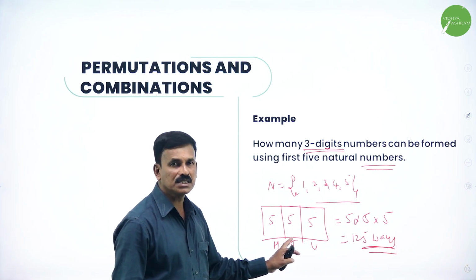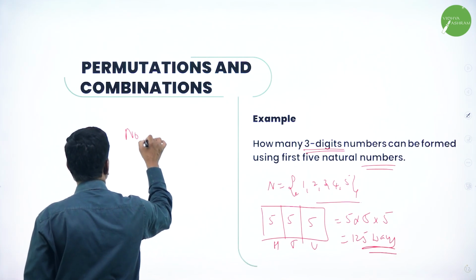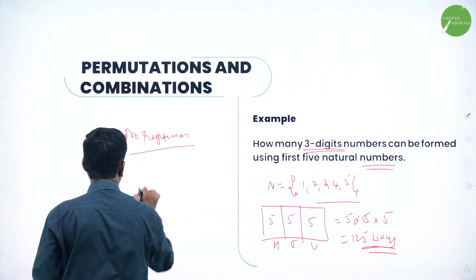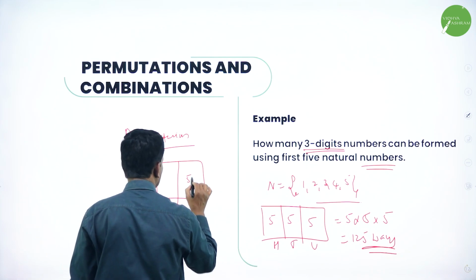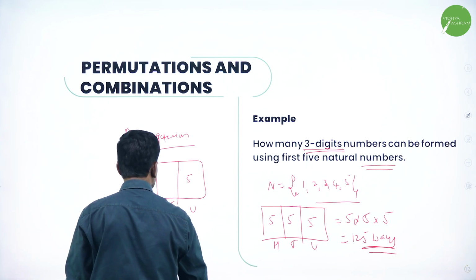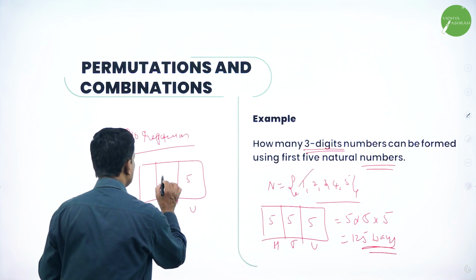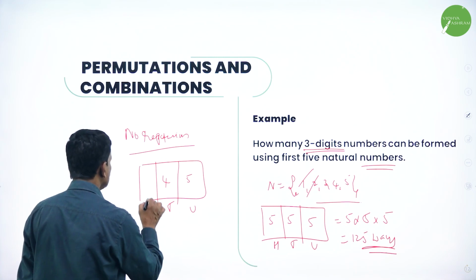Now suppose no repetition is allowed. The unit place can be filled in 5 ways, and then one element is gone. The remaining 4 can be placed in the 10th place, and the remaining 3 can be placed in the 100th place.